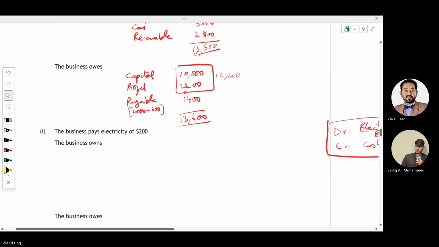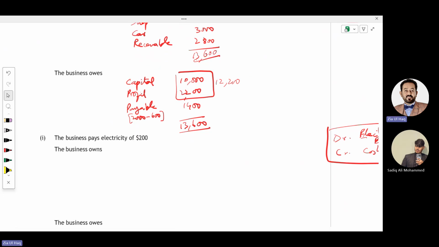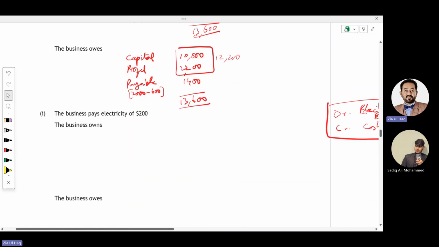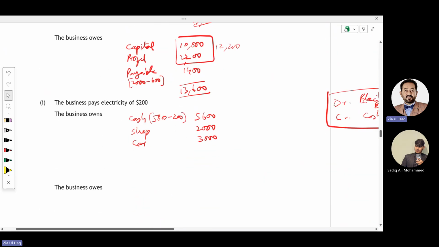Okay. The business pays electricity of 200 from cash. How much was the cash? 5,800. So now cash will be 5,800 minus 200, will become 5,600. And shop will remain the same with 2,000. Car will remain the same with 3,000. And receivable will remain the same 2,800.